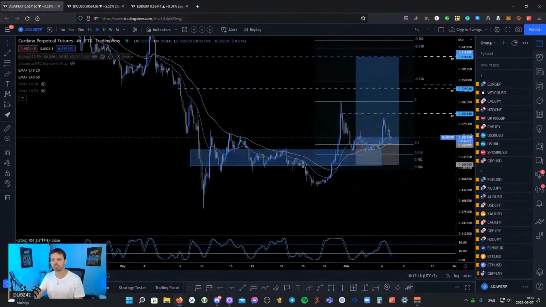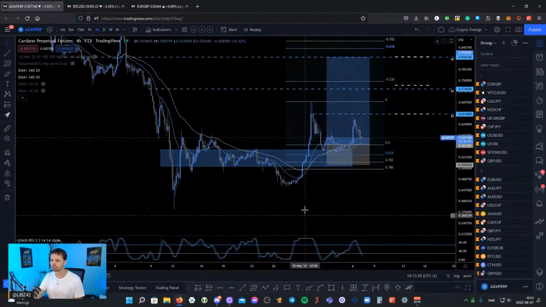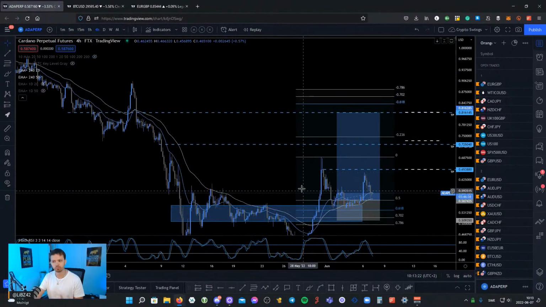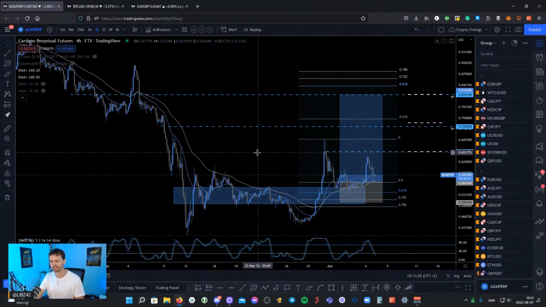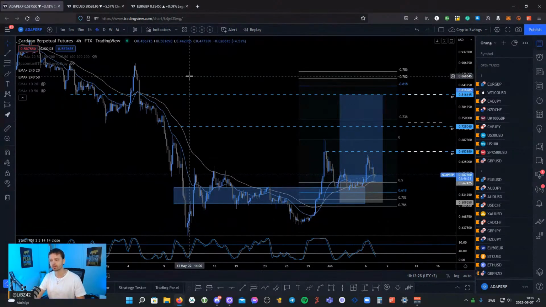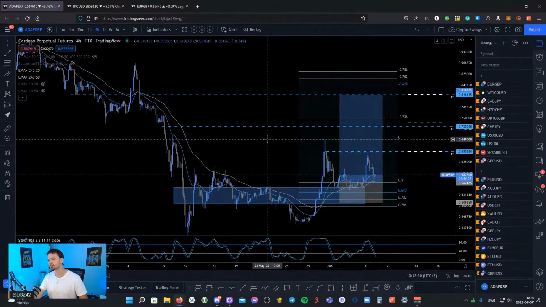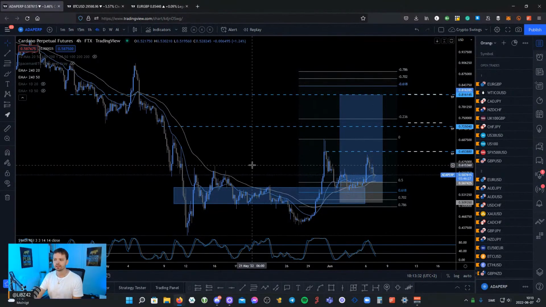Let's look at some altcoins here. I remember in our last live stream we looked at Cardano as an example of a potential trade. I did not take this trade. I also recommended you guys not to take this trade because of the way Bitcoin was looking. We also talked about how Cardano had some fundamental stuff going on, and I said it doesn't really matter for a swing trade, right?